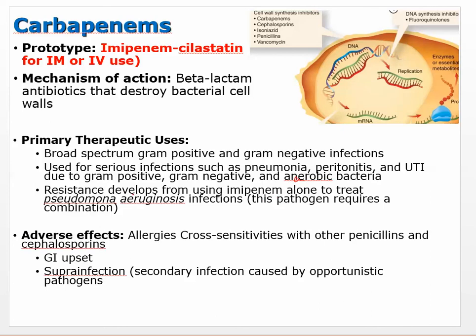Resistance develops from using imipenem alone to treat Pseudomonas aeruginosa infections, so that pathogen requires the combination. Adverse effects, again: allergies, cross-sensitivities with penicillins and cephalosporins, GI upset, superinfection.